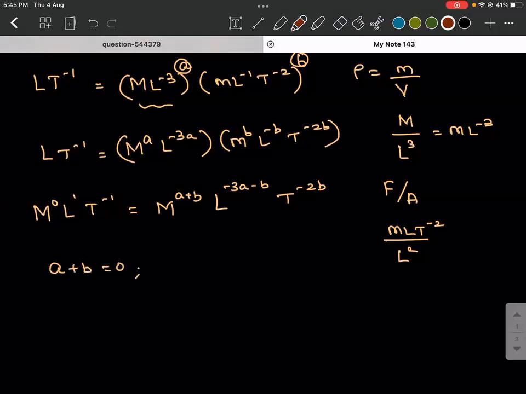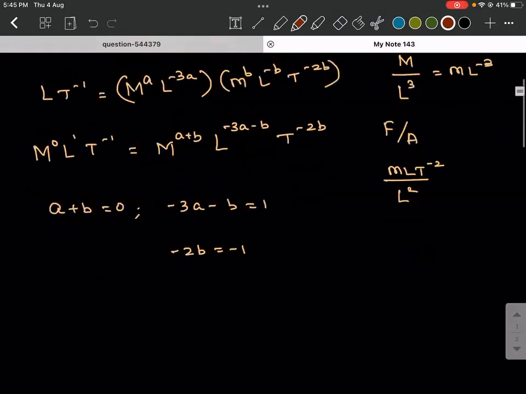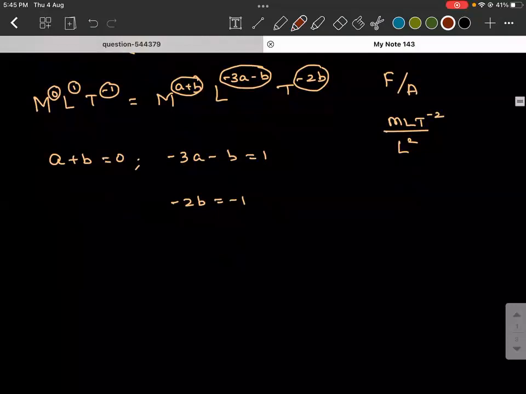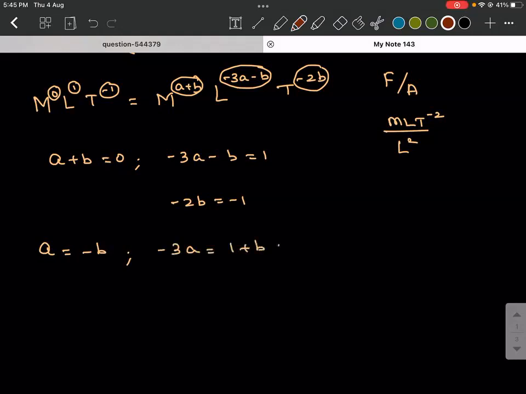So A plus B is 0, minus 3A minus B is 1, and minus 2B is minus 1. When A plus B is 0, A will be equal to minus B. Minus 3A minus B is 1, so minus 3A is equal to 1 plus B. When A is equal to minus B, can I take this and substitute it here?